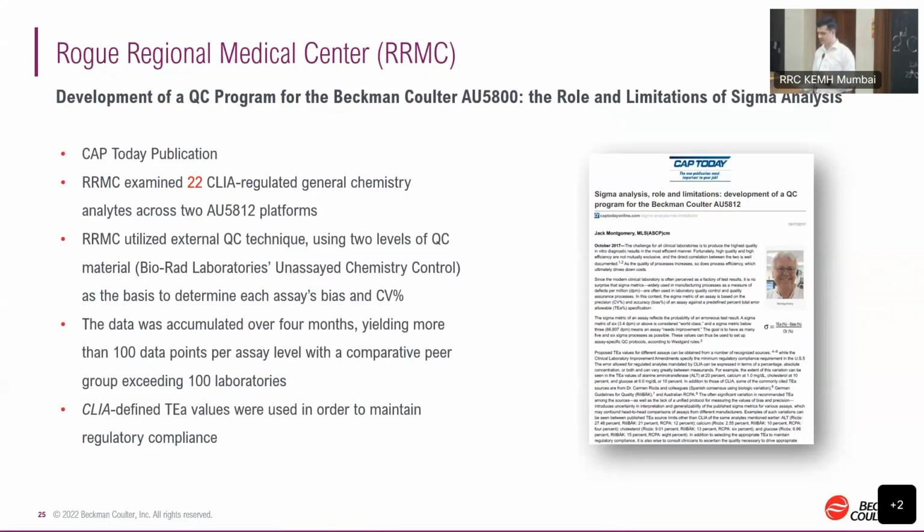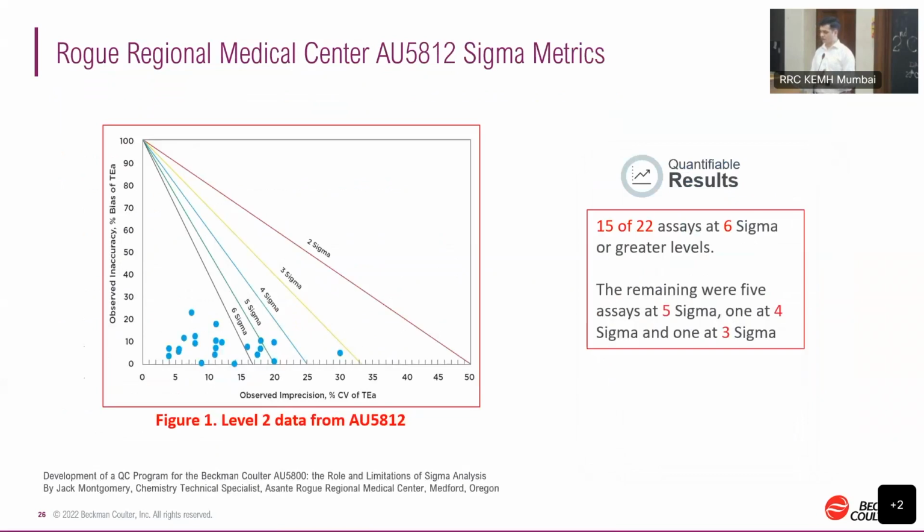sigma metrics. Out of 22 parameters, they found that 15 assays were performing at 6 sigma or more. There were 5 assays performing at 5 sigma, and 1 assay each at 4 sigma and 3 sigma.